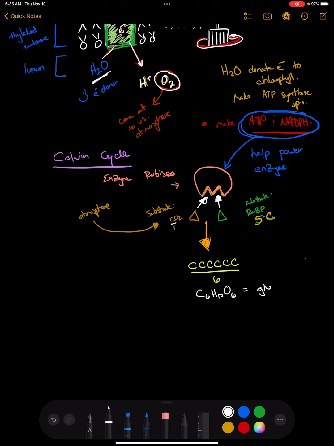So I just made glucose in the Calvin cycle, which is the overall goal. The goal of the Calvin cycle is to make glucose. And I just did that by using this CO2 and by using this other molecule called RuBP, which is a 5-carbon sugar.